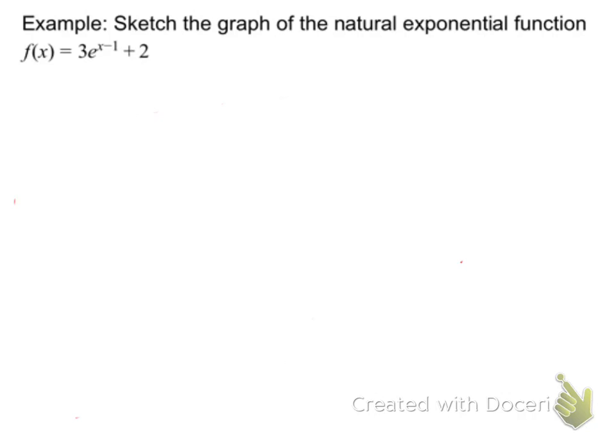So let's use that idea of parent, family, child and making a sketch. We'll start off by giving you guys the parent. I'll give you some time to finish it off. What would the parent be for this?